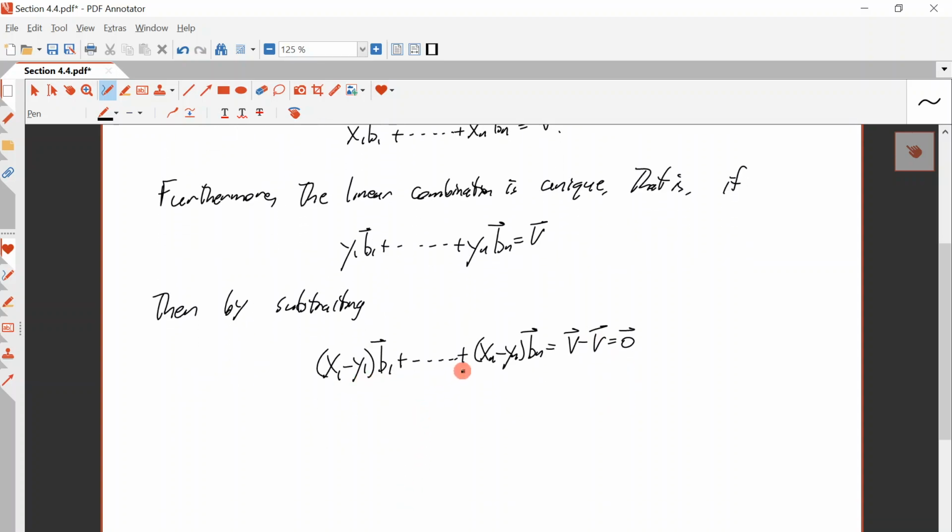But because it's linearly independent, each of these coefficients is 0.